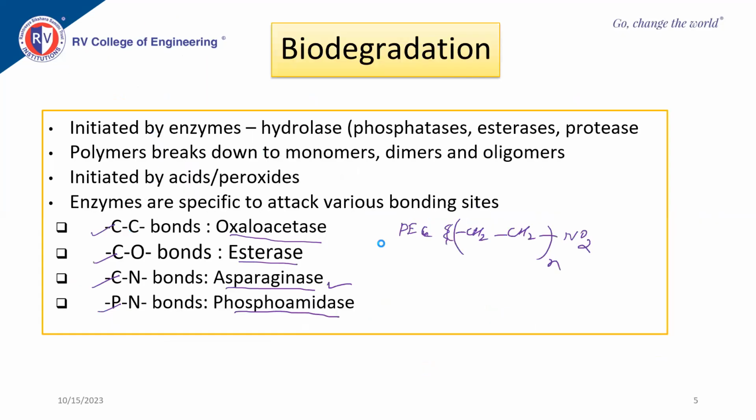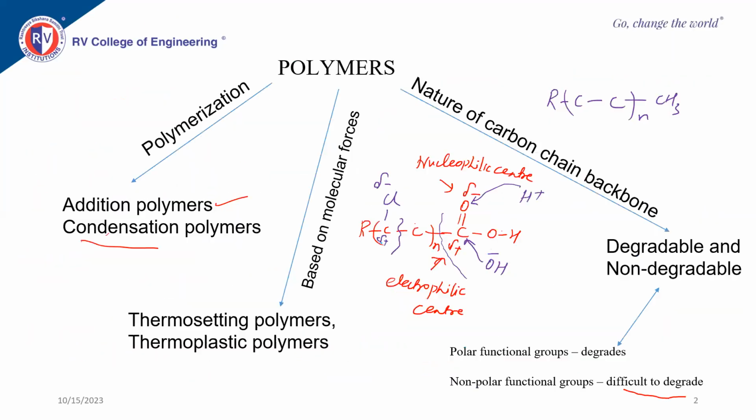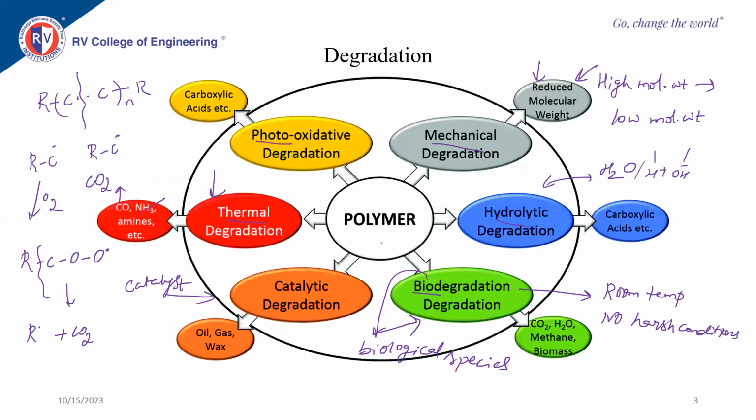Just to sum up, we are focusing on biodegradable polymers. In general, degradation is easier if you have polar functional groups compared to non-polar functional groups, only because if the bonds are polarized, they are susceptible to electrophilic and nucleophilic attack. Several types of degradation exist depending on the conditions adopted.